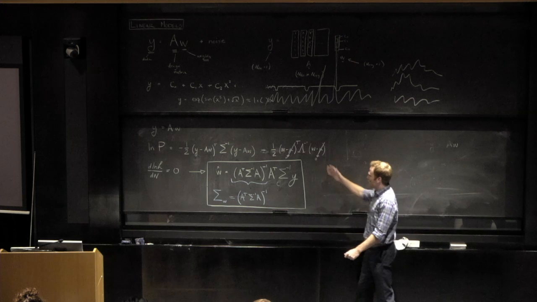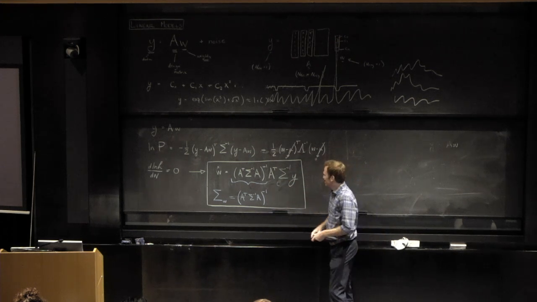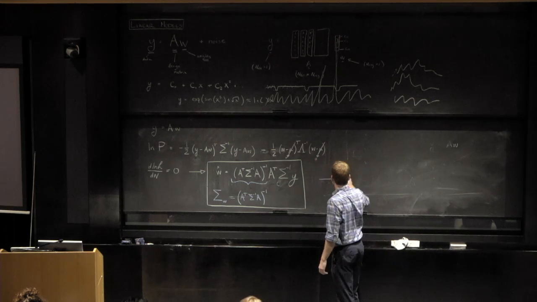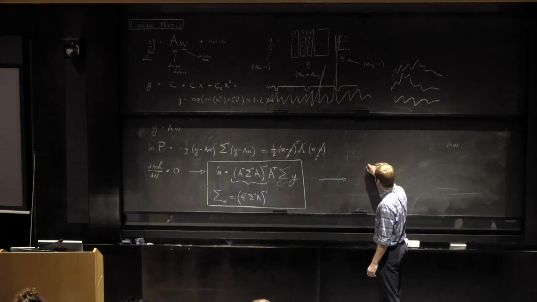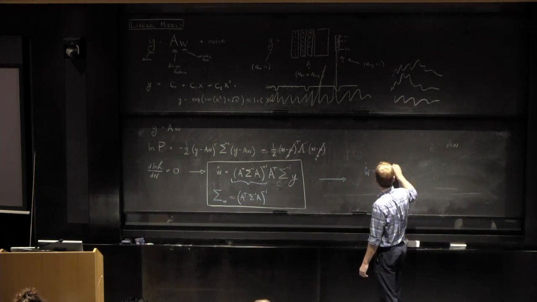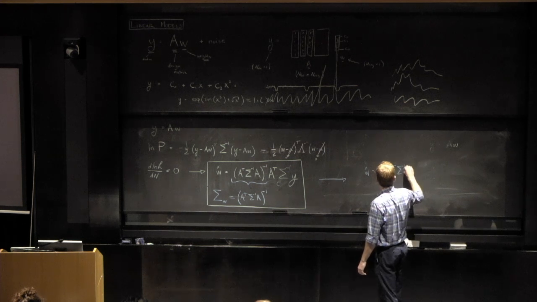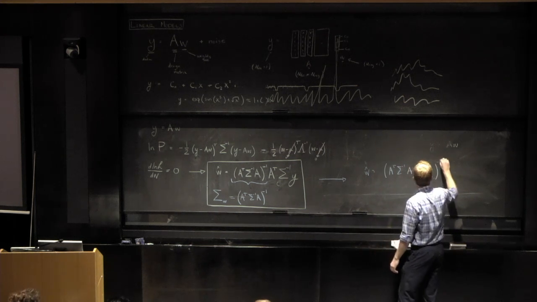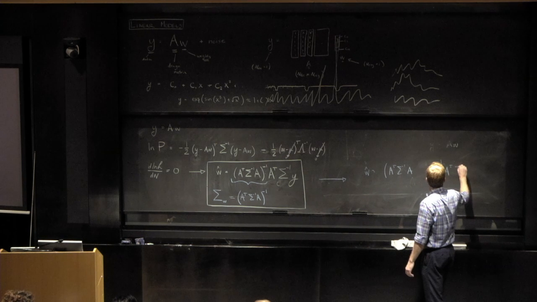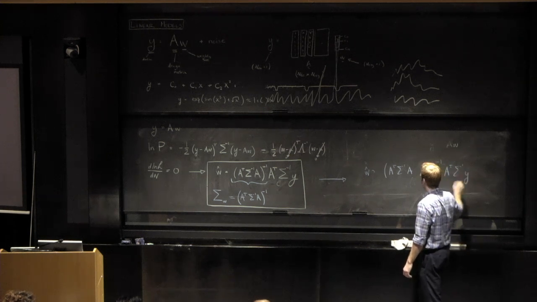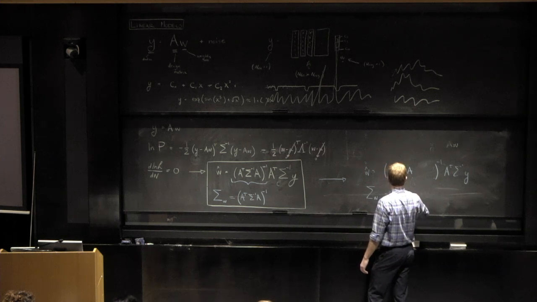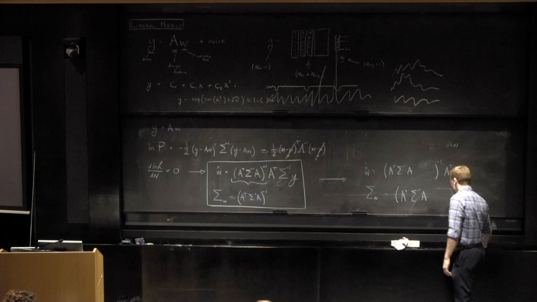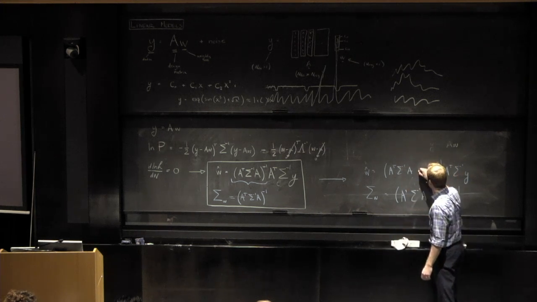If I go through the same experiment, and you can do this at home, I will find that the only change I need to make to these equations is the following. I still have that W hat is (A transpose sigma inverse A) inverse A transpose sigma inverse Y, and I still have sigma W. The only change that I have to make is the following.